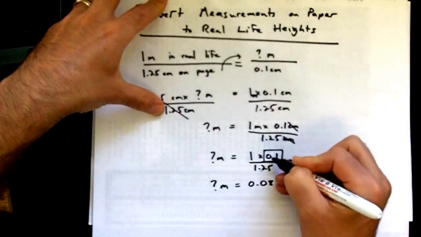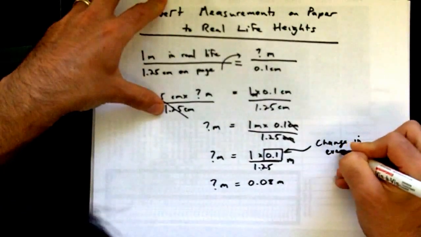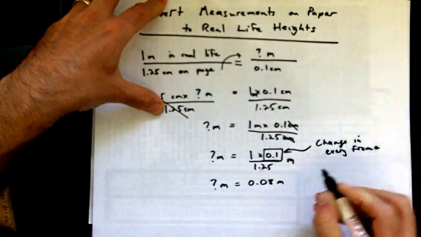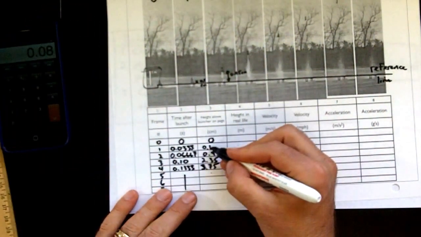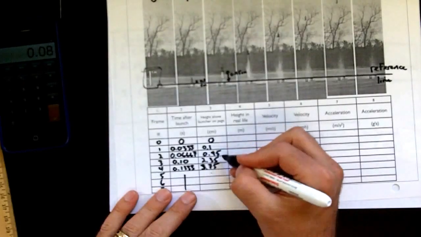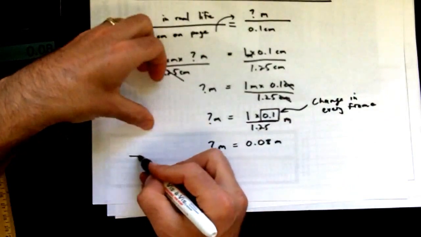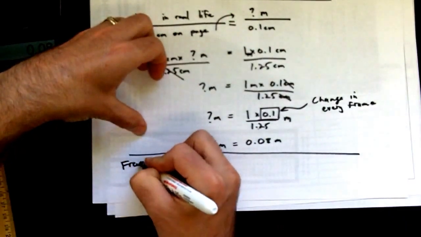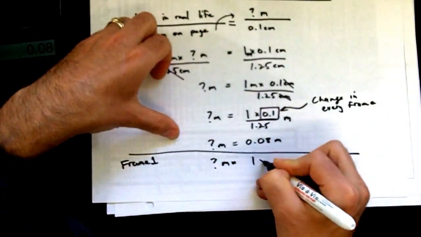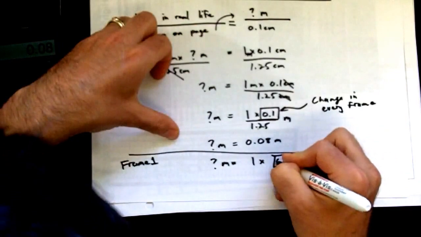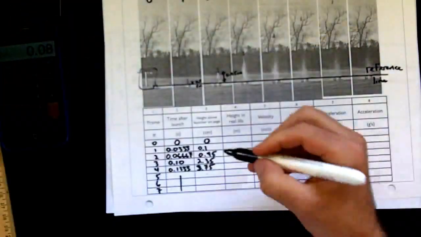This box here is going to change in every frame. So the next frame, the height is not 0.1 centimeters off the line in the page, it's 0.95 centimeters. Instead of having to go through that whole proportion problem again, we're just going to do question mark meters equals 1 times this box, and now inside this box is going to be 0.95 for 0.95 centimeters. It's the measurement right there.